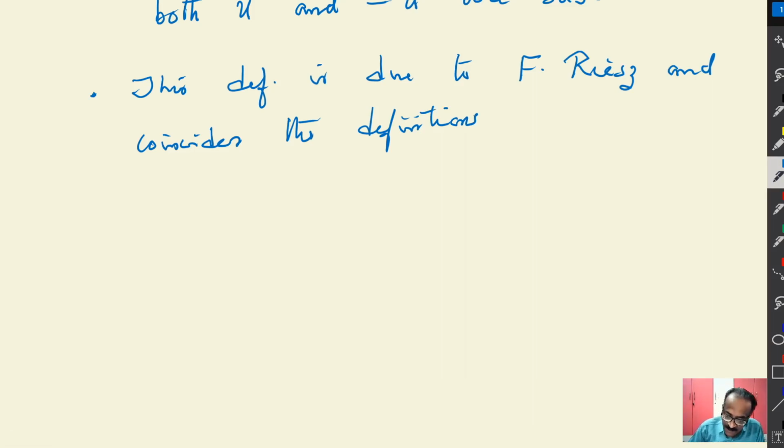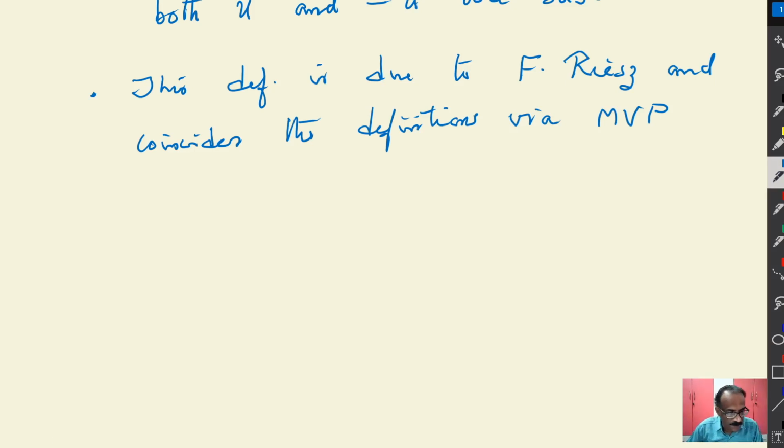So all the definitions coincide. You can define harmonicity in various ways: either use the mean value property, or use the maximum principle, or if it is smooth, you have the usual pointwise definition of harmonicity.